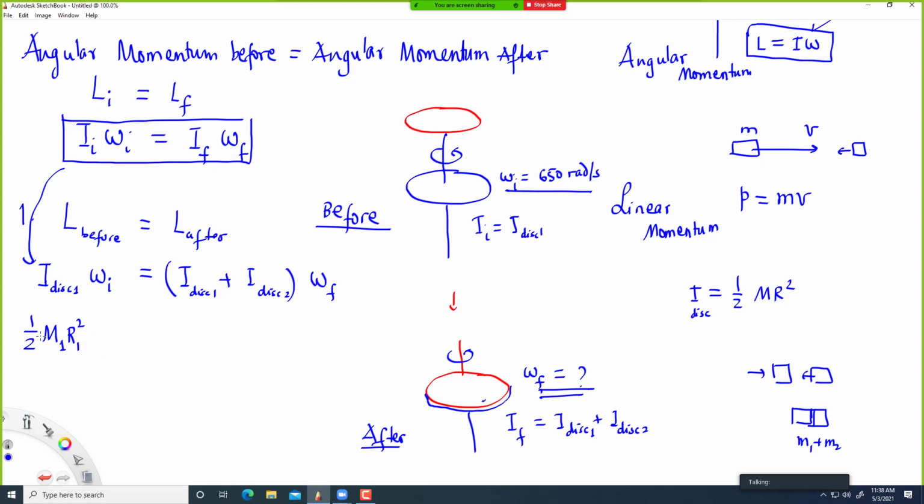So call that 1/2 M1 R1 squared omega I. This is the first disk, R1 squared. Because they have the same radius, I don't need to use R1 here. I can just use R. Okay, so let's just use R because they have the same radius.